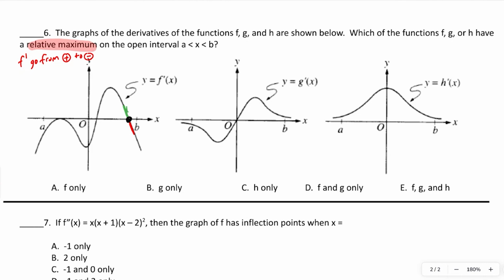So this one doesn't have any. So we can say that the answer is definitely not B or D or E. And actually, we don't have to check H because we know F has one, but just to be on the safe side, looking at H, you can see clearly H prime is not going to have a sign change from positive to negative either. So our answer is just going to be A.